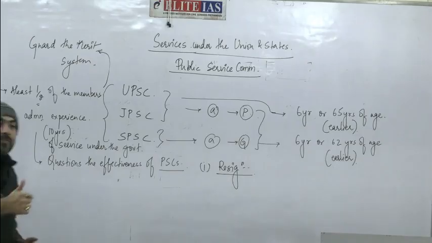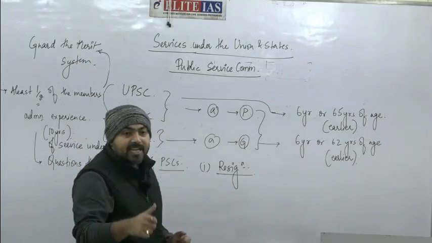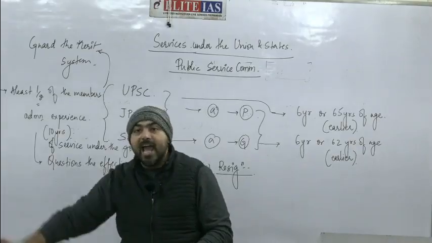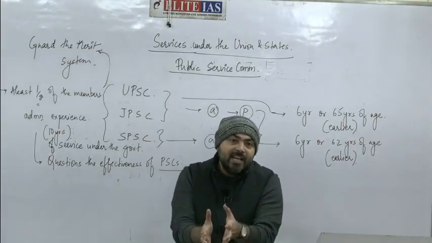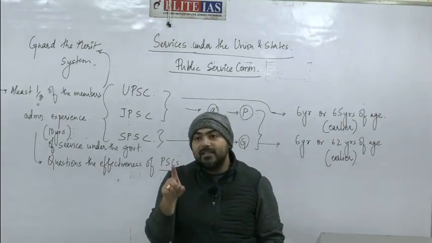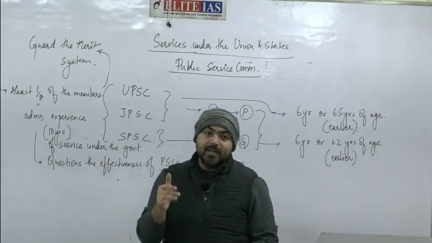If the individual indulges in any contract with the Government of India or the government of any state and has any kind of interest in that contract, that will amount to misconduct.